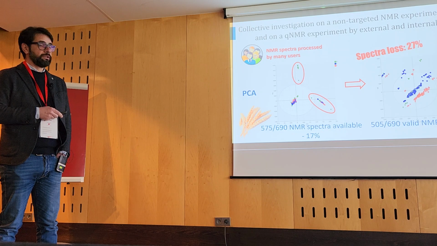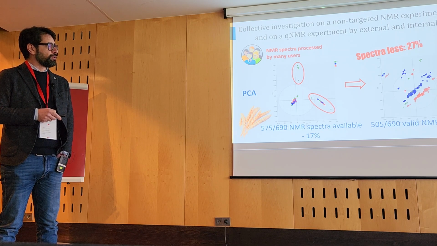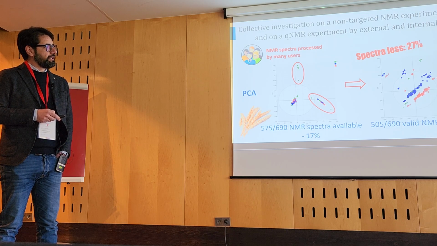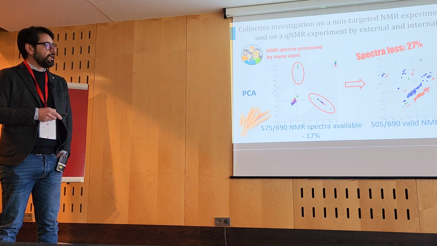If you remove these outliers, PCA gives you this new distribution where you can see that tube A is discriminated with respect to B and C, which are the same sample, but the only difference is TSP.